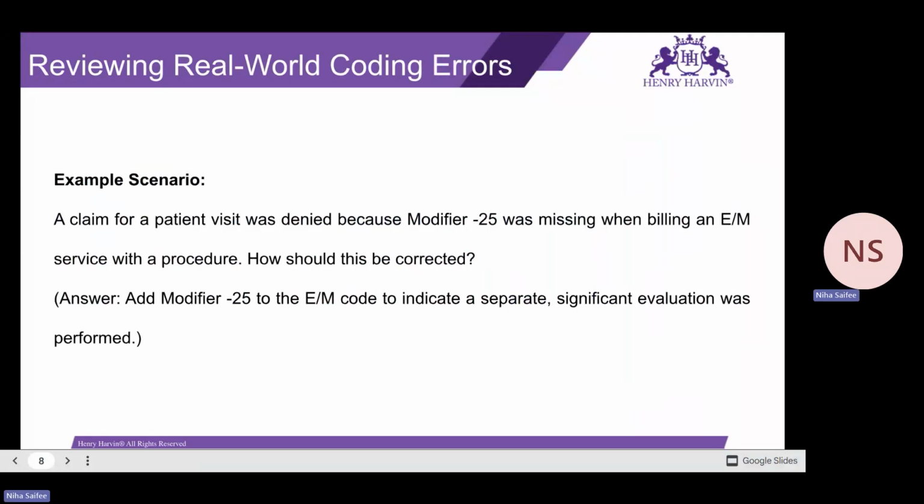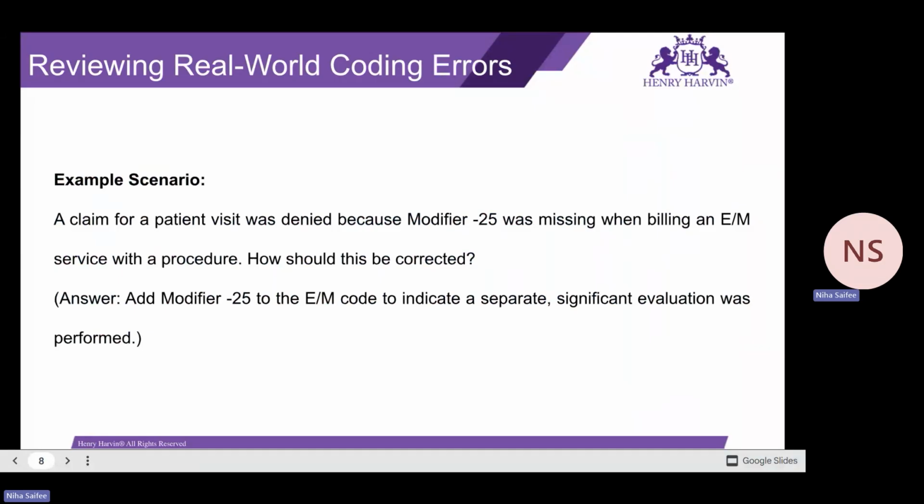Now we have one scenario. A claim for a patient visit was denied because modifier 25 was missing when billing an evaluation and management service with a procedure. How should this be corrected? The medical coder did not put modifier 25 on an E/M service, that is evaluation and management service, with a procedure.